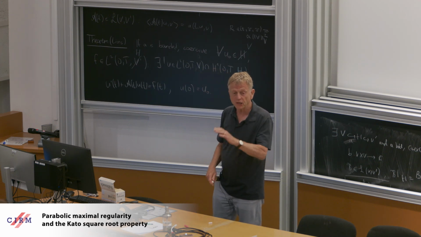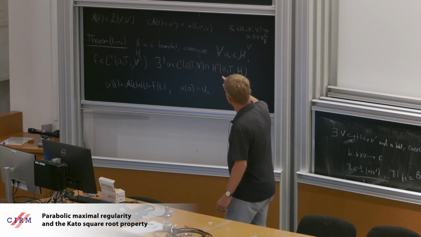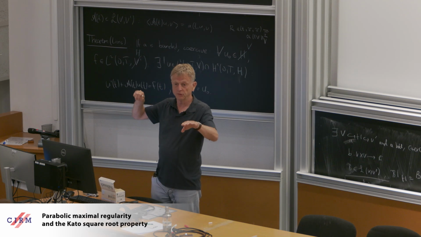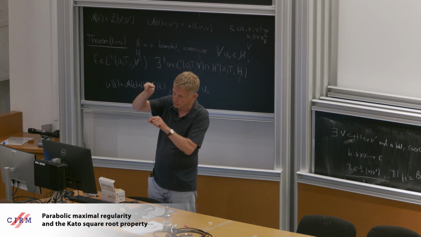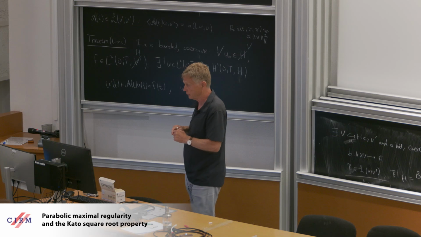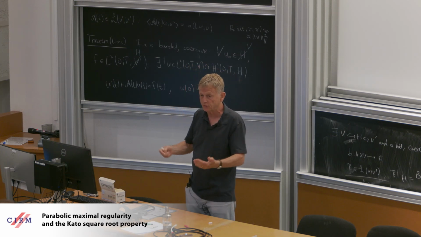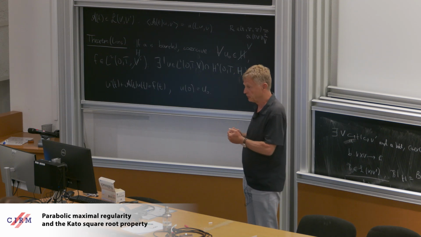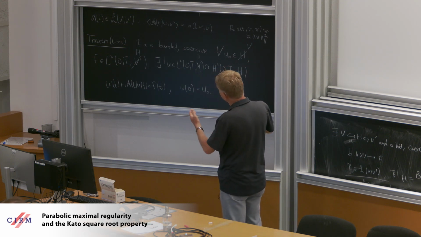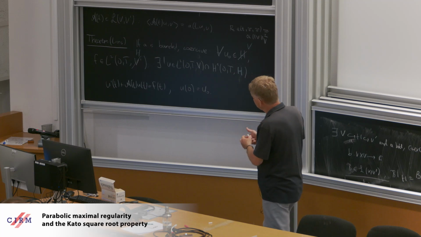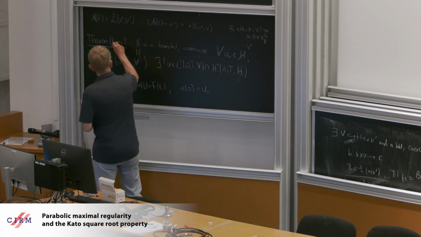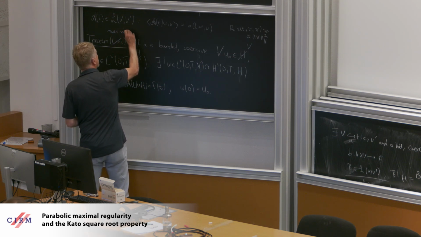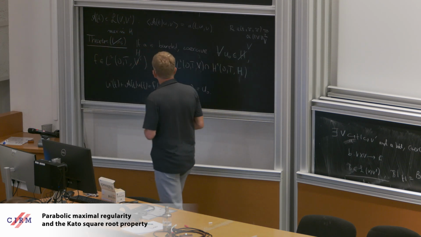She gave an example of a form which was actually a step function. On the interval 0, 1 it was constant, and on the interval 1, 2 it was also constant. It depended on McIntosh's counterexample for the square root property: we took an operator which does not have the square root property. Now the question is maximal regularity in H: when is this true?